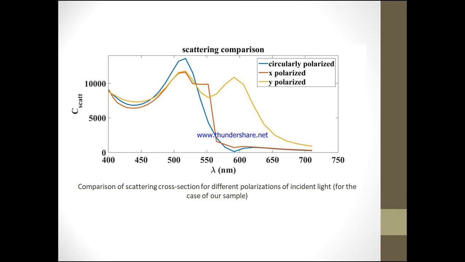Coming back to our scattering plots. This is the comparison of the scattering cross section for our three excitations: the X polarized, Y polarized, and the circularly polarized cases. Here we can clearly see that in the Y polarized case we have a scattering peak at 600 nanometers.